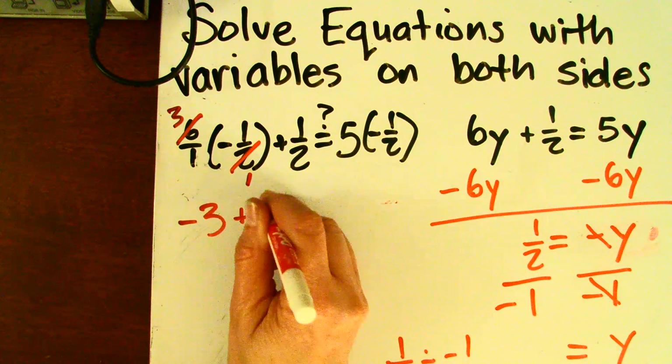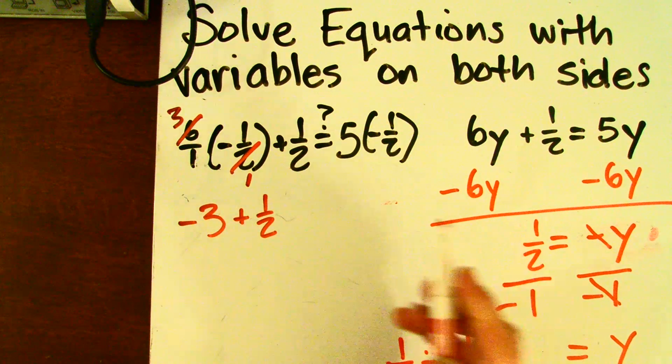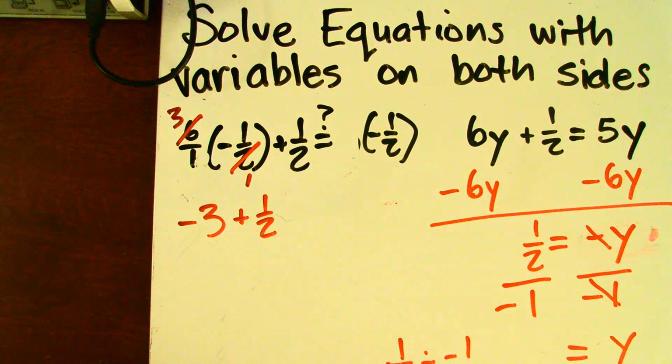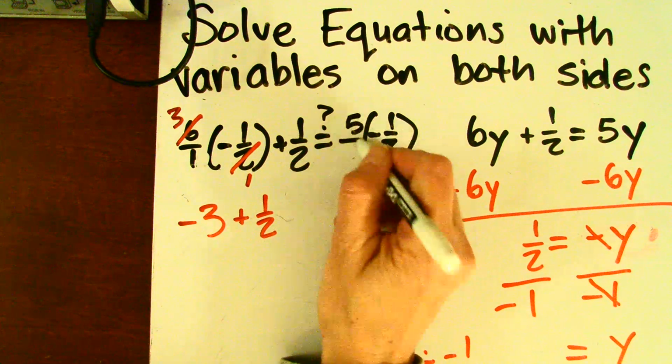Plus 1/2. And then for this problem here, I'm going to write 5 over 1.